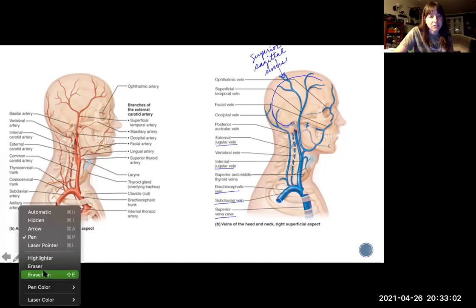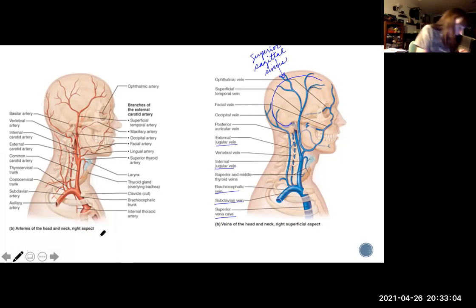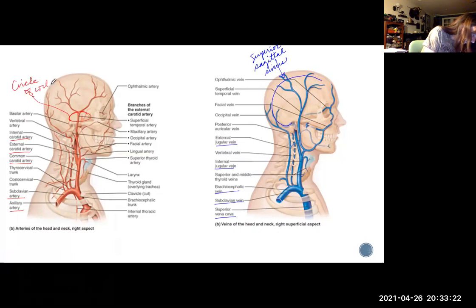And on the arterial side, we will need to know our axillary, subclavian, going up into the common carotids, external, internal carotids, going up into the circle of Willis, okay?